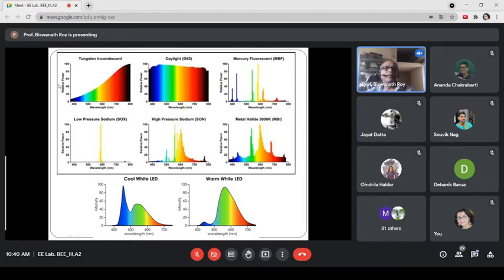So this is the SPD of tungsten filament lamp, and just observe this diagram. This ordinate represents relative power. So relative power increases at the higher wavelength region. So this is IR actually, right?